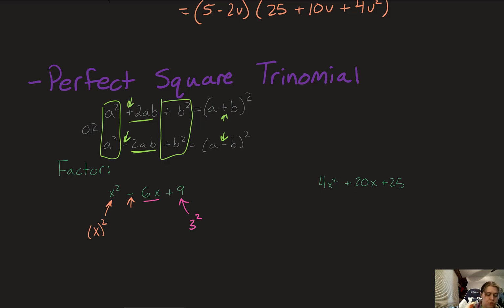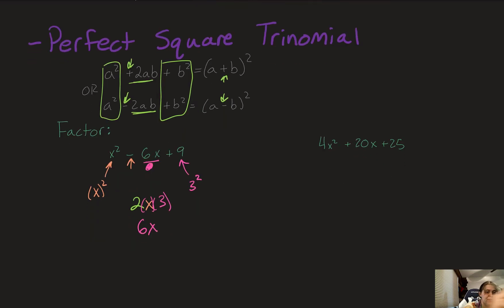We're going to do 2 times a, which is x, times b, which is 3. If I multiply these all together, I get 6x, which is my middle term. Yay, it is a perfect square trinomial. So that means I'm going to take x, I'm going to take 3, and put a minus sign in between them and square it.